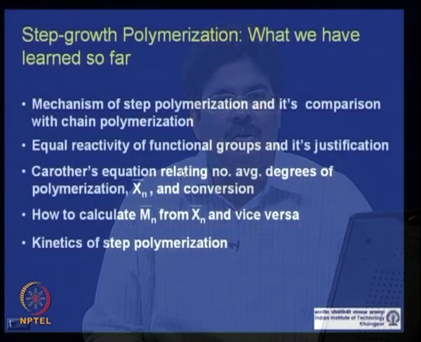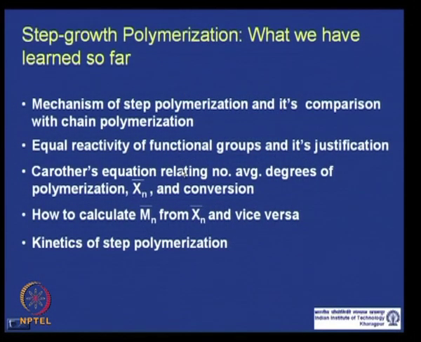and we also learned the effect of equal reactivity of functional groups, and we also understood the justification of why the functional groups of reacting molecules, including the intermediate species, should have the same reactivity irrespective of their size and irrespective of whether the functional group present in the other direction has already reacted or not.